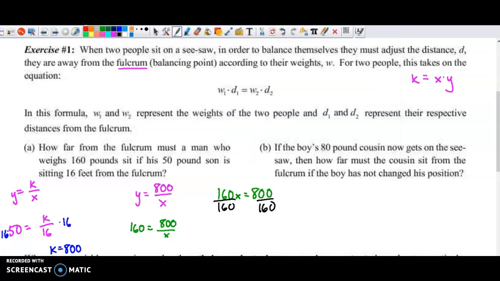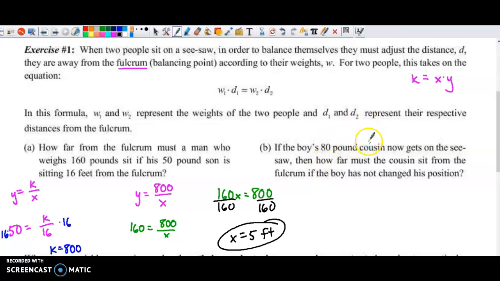And you would get that x needs to equal 5. I don't know if you're familiar with seesaws, but heavier people have to sit closer than the lighter people, who have to sit further away in order for it to just stand straight across.